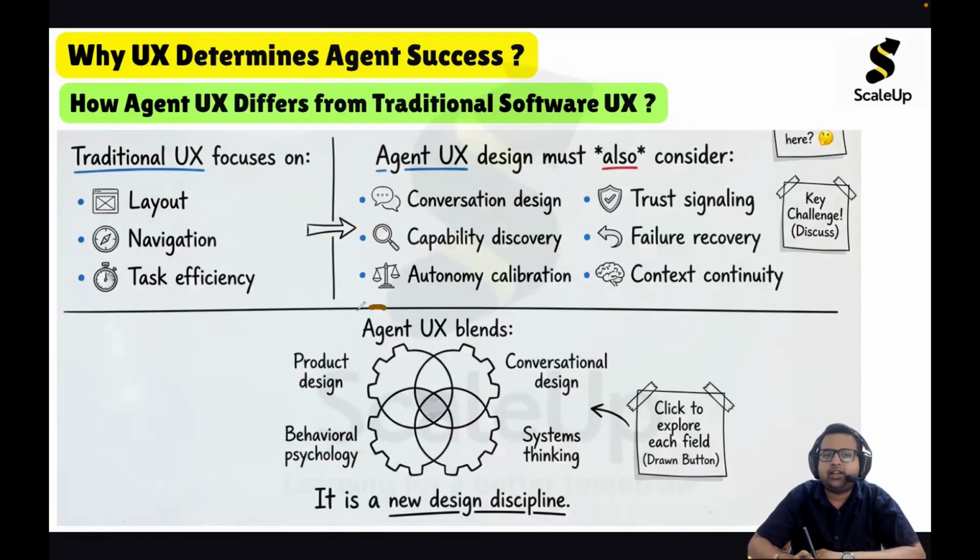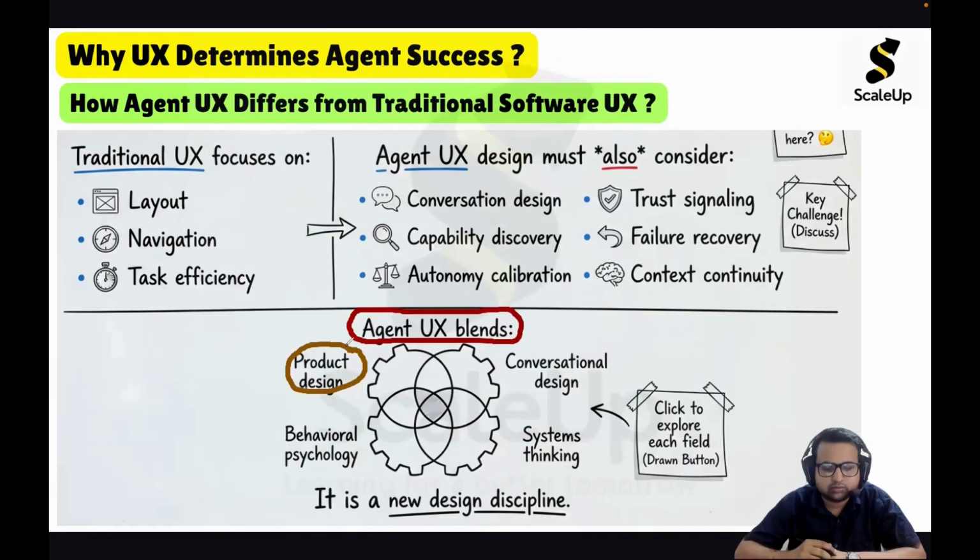So agent UX blends product design, ensuring the agent solves a real problem and fits into a functional layout. Agent UX blends conversational design: it should manage the flow of information, the linguistics, and the personality of the interface.